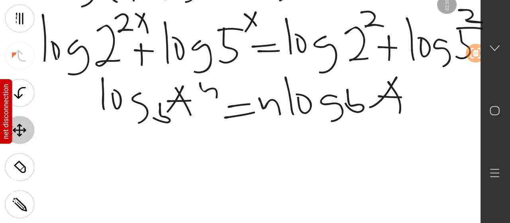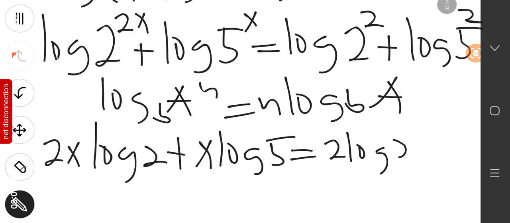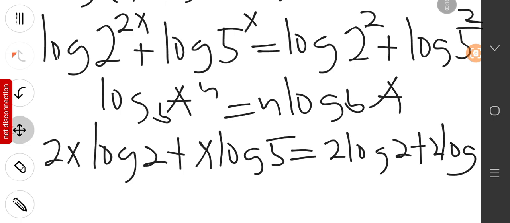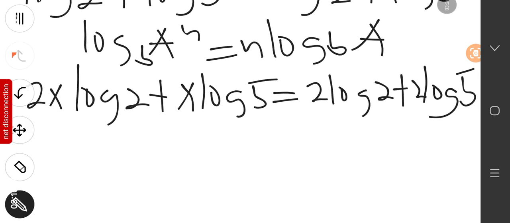All right, now log a^n base b equals n log a base b. Now this is known as the logarithm definition. So we're going to have 2x log 2 plus x log 5 equals 2 log 2 plus 2 log 5. All right, so here we are going to factorize.